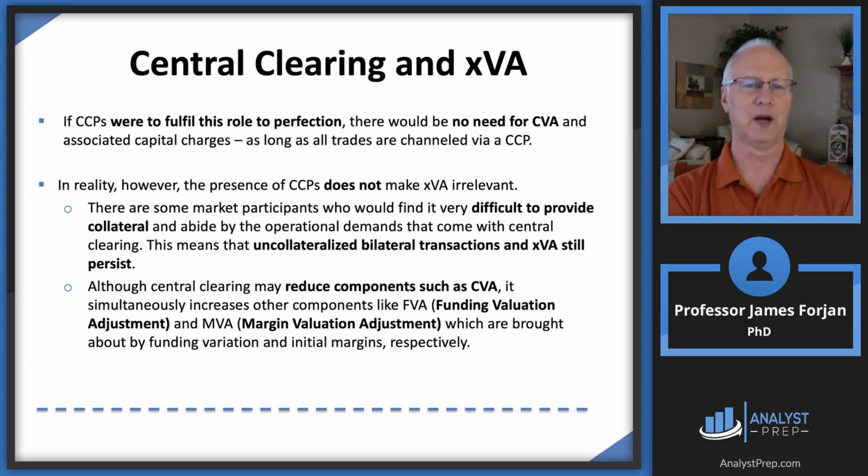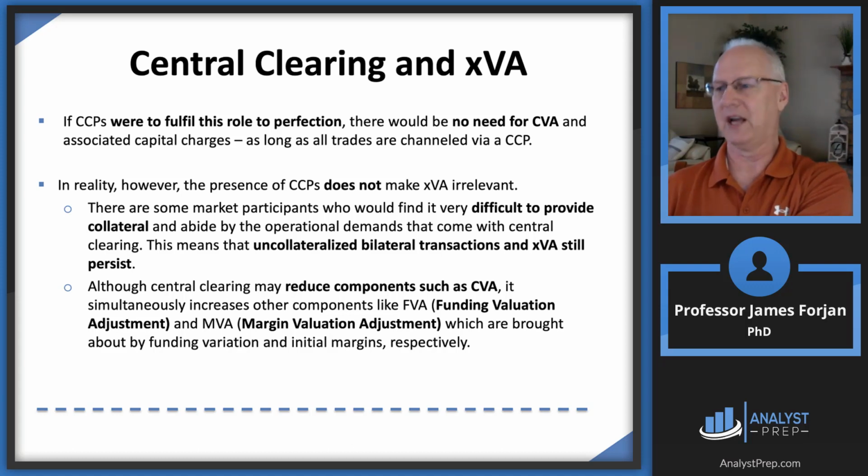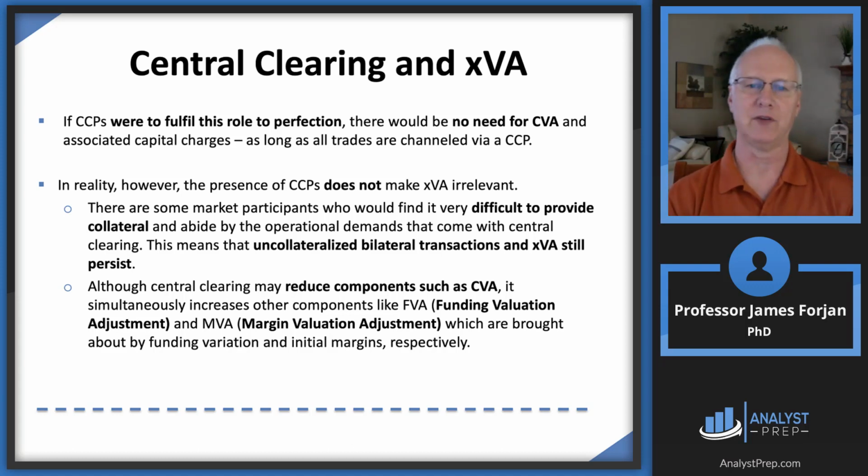And so look at my first bullet point. If the CCPs were to fulfill this role to perfection, there would be no need for that previous chapter. But of course, central clearing does not make these credit value adjustments irrelevant. So it's important to think of these other entities out here, special purpose vehicles, as part of the process of identifying risk and quantifying risk and managing the risk.